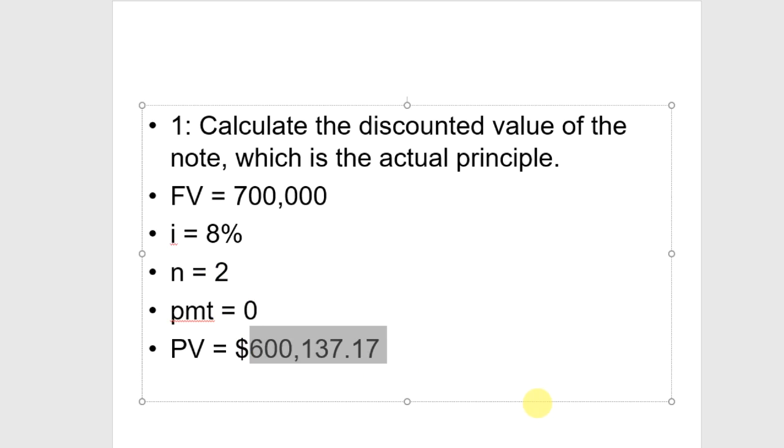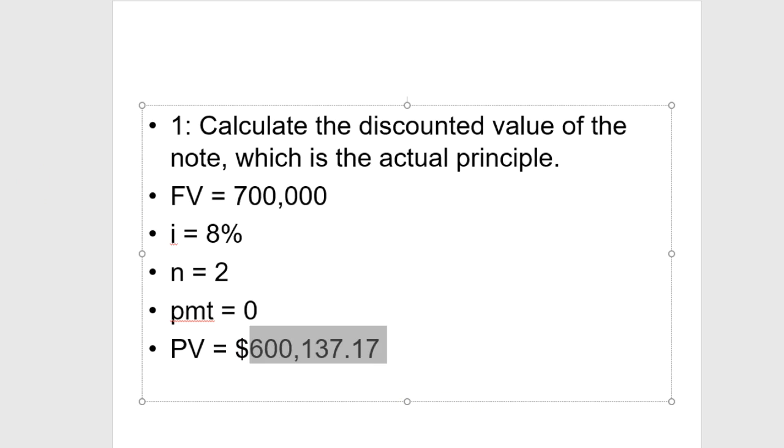Okay, so that's the amount of the note, and we're going to take the 600,000 and change, and we're going to add interest over a 2-year period at 8%, and we're going to receive 700,000. So in fact, this 600,000 is the amount of our sale.